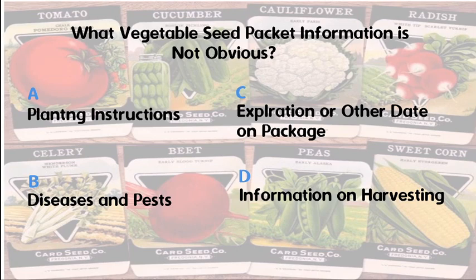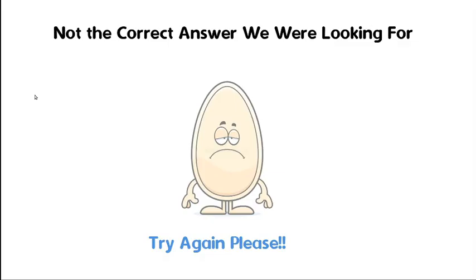So what happens if you click on any one of these? There's some good information usually on planting instructions, and that's obvious. So if you click on this, it's not the right answer, so you go back.